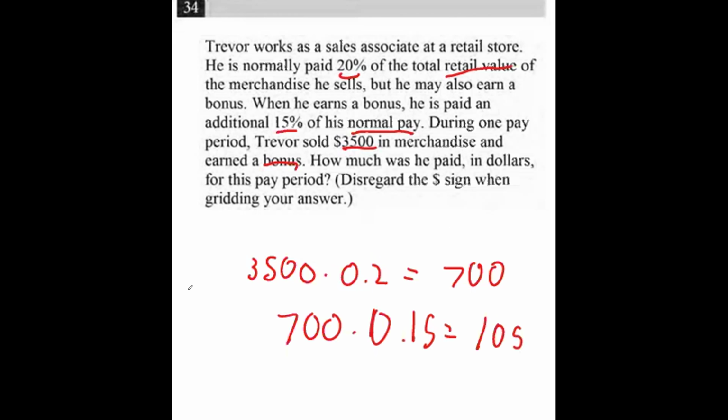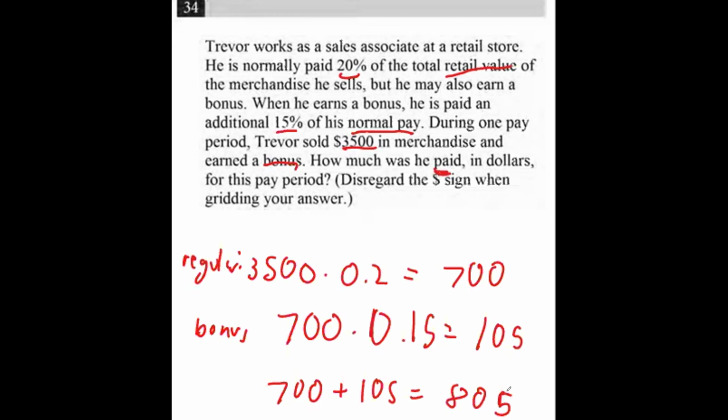And this is his bonus, and this is regular pay. And then how much was he paid essentially in total? So we take 700 and we add the bonus to it, which is 105, which gets us 805. So the correct answer is 805.